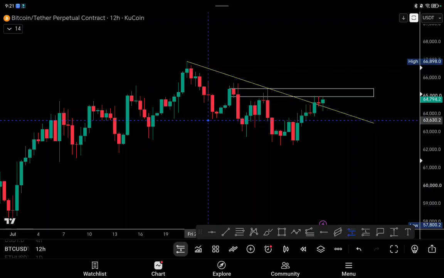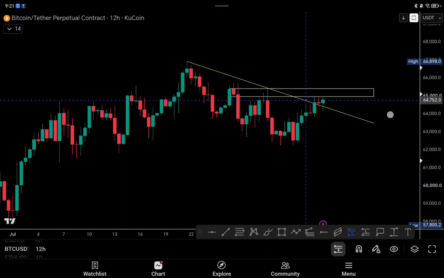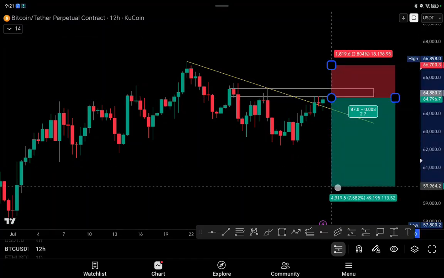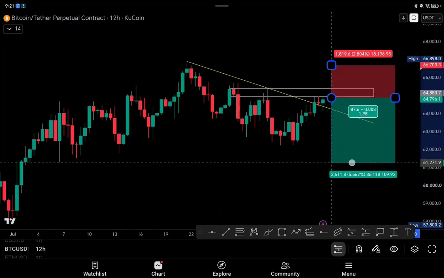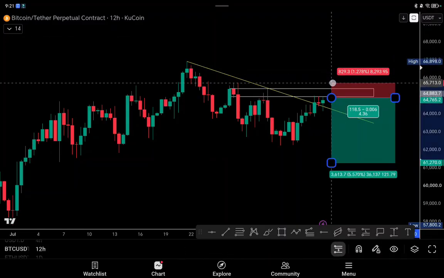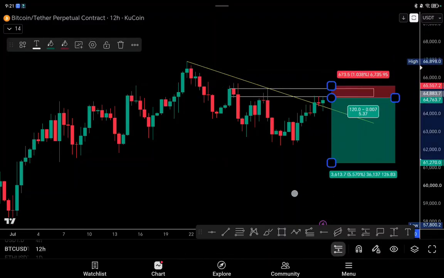So right now I am seeing these kinds of ideas. If I want to make a short trade here, my expectation for the trade is to sweep around 61,500, and it is nearly a 1:5 trade.